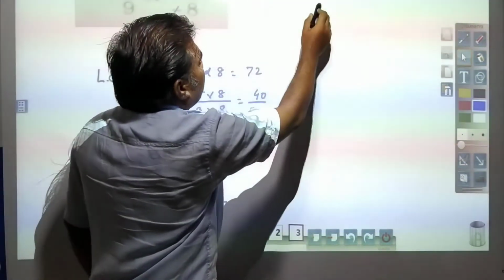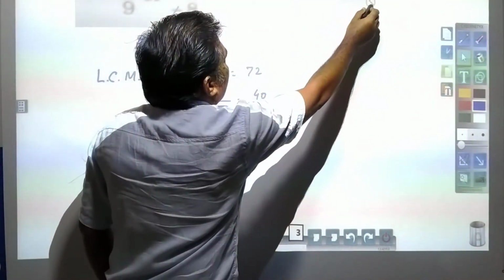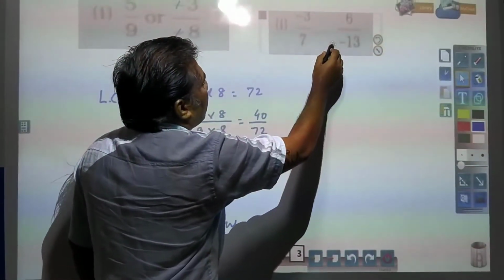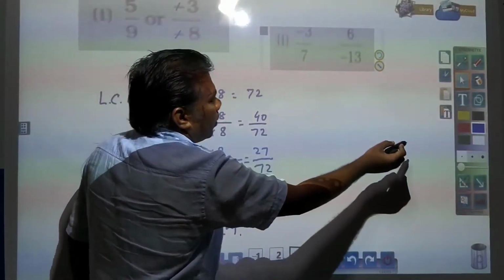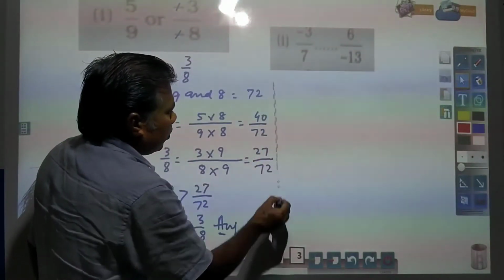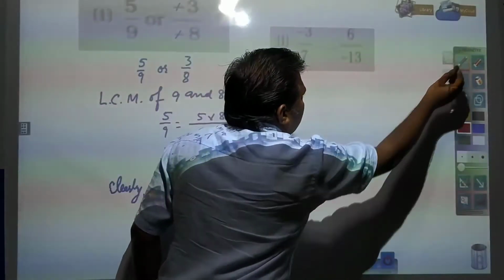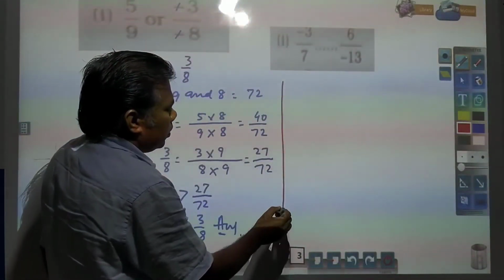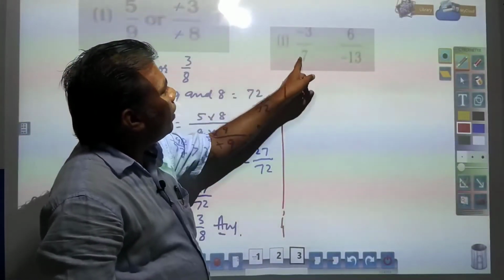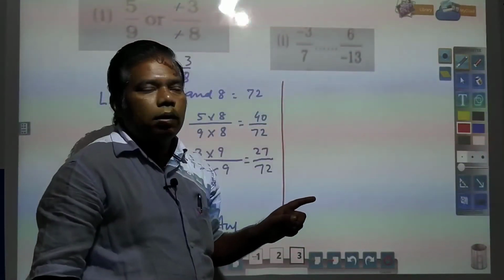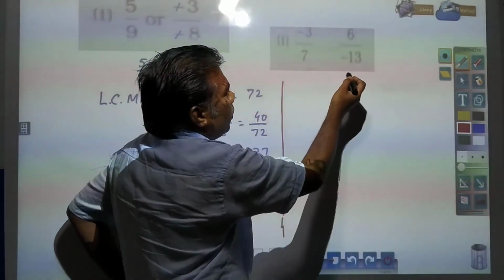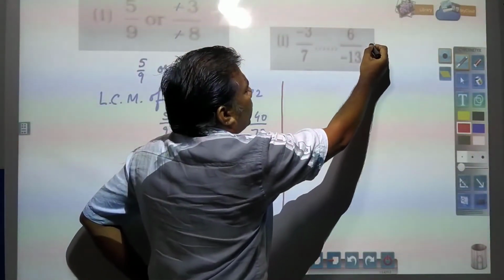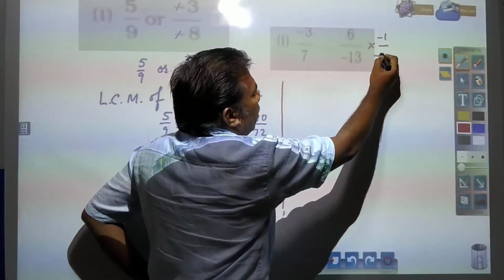Here you see, here you have minus 3 by 7 and 6 by minus 13. What is needed to be done? This is required to be converted into positive denominator.